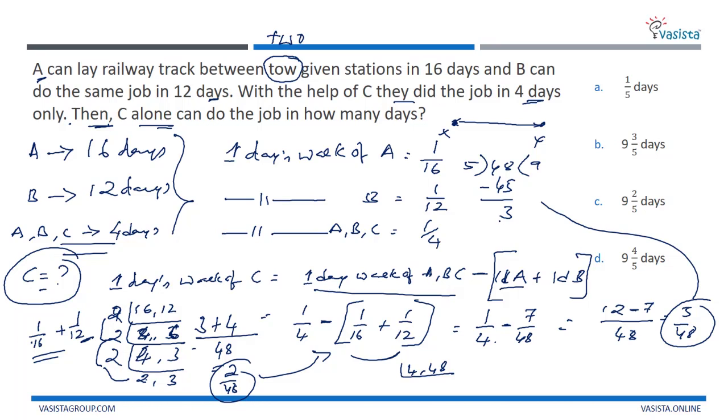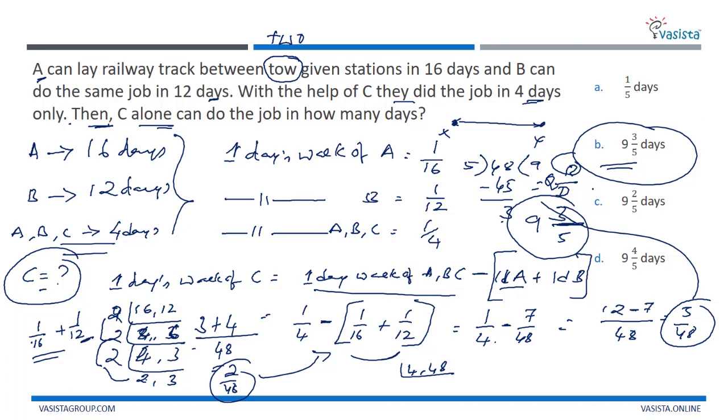Now how will you write? You know the rule, that is quotient, remainder and divisor. Quotient is how much here? Quotient is 9, correct? Remainder is 3 and divisor is 5. The answer is 9 3 by 5. It is B. Hope you understood.